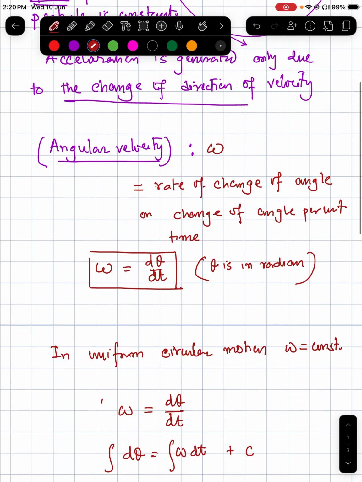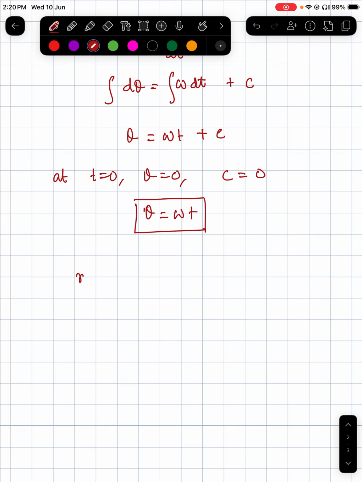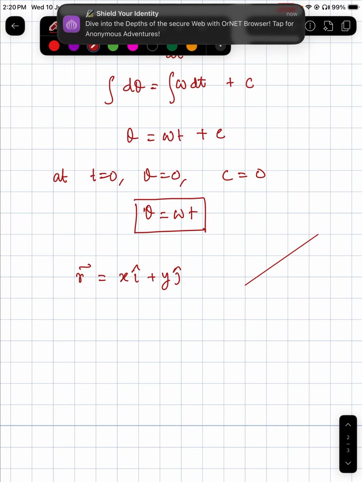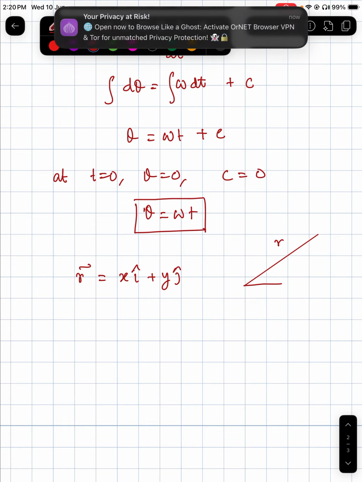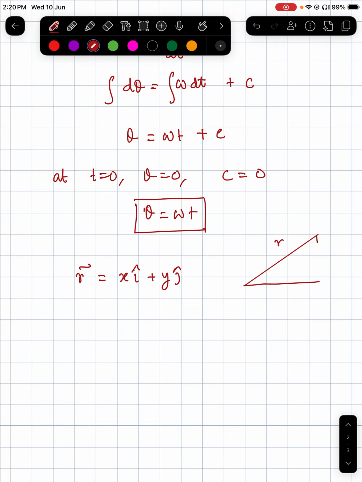And we know from the vector chapter that the position vector of the particle is given by x i cap plus y j cap. I am going to draw the picture again here so that you can easily see what is actually going on. If this is theta, and this is x and this is y, then obviously x is r cos theta and y is r sin theta.